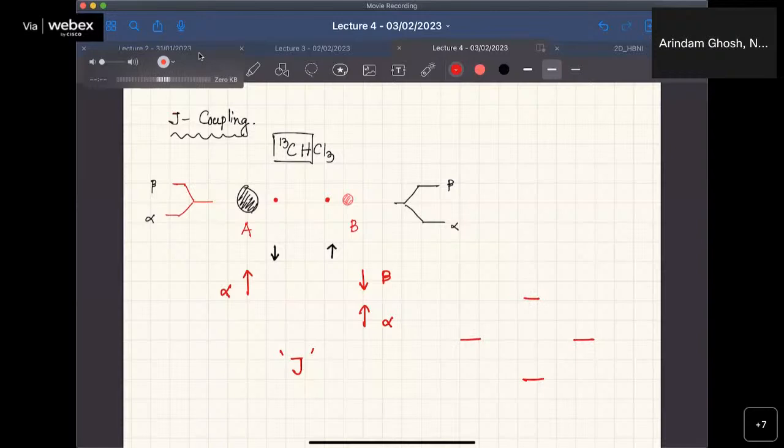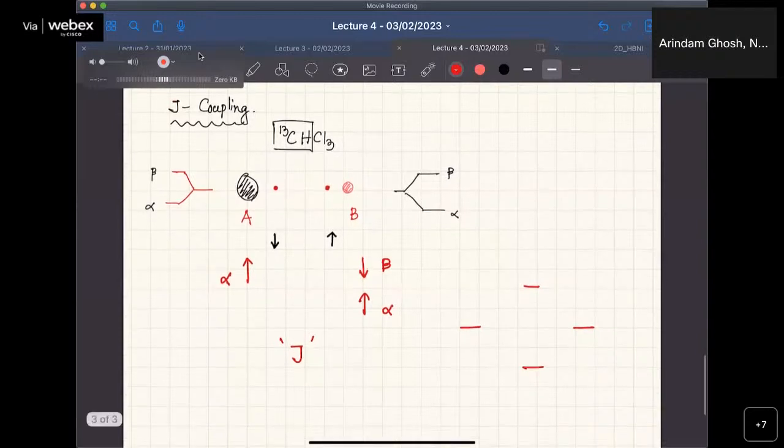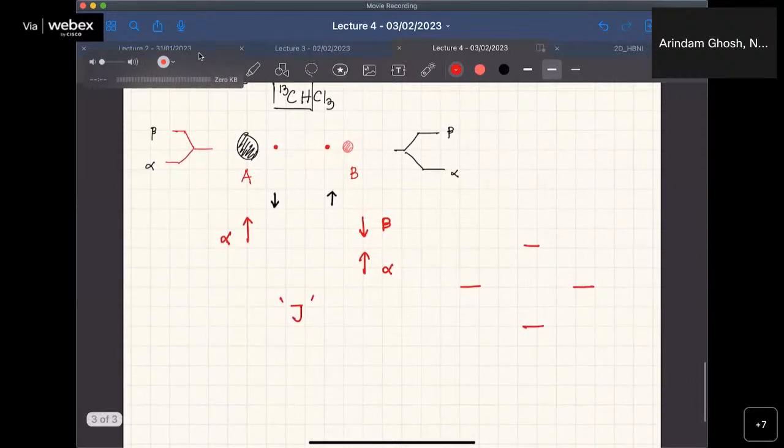So if you have both alpha, both beta, etcetera, these are the different four levels we will be getting. I'm not going to the detail again, but this coupling is called J coupling, and we'll be learning a lot more about this.